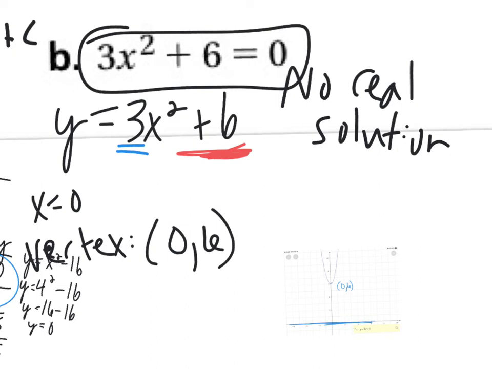Negative squared, negative times negative is positive, times 3 is positive, plus 6 is positive. There's no way we can get this to equal 0, okay? Because we're just going to end up with a positive number no matter what we do. You might say, well, what if x was 0? Yeah, well, that's our vertex, basically. You got 0 squared is 0, times 3 is 0, but then plus 6 is 6. So, again, no way we can get this to equal out to 0.